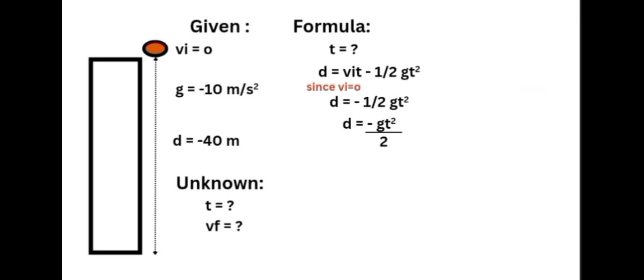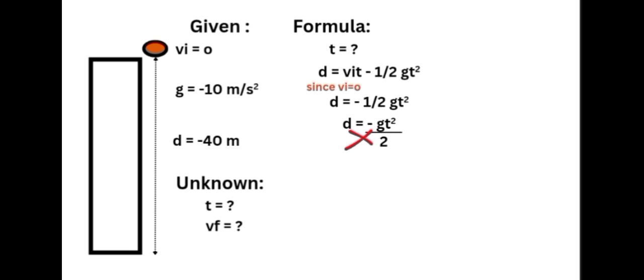Next, from there, that 1/2 g t squared can also be written as negative g t squared over 2. Since we're looking for time, we need to cross multiply d and 2 together with g t squared on the other side.